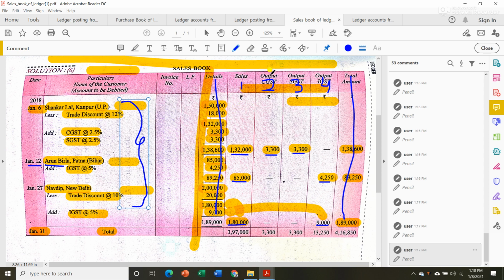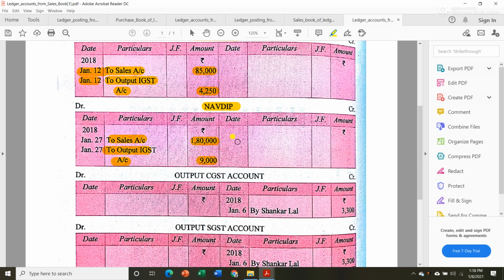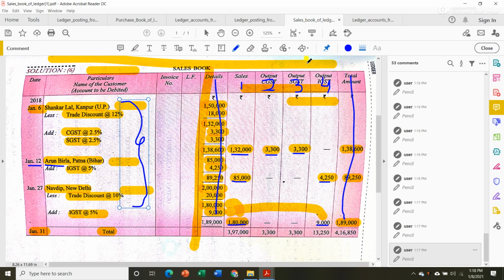Now let us focus on the output CGST column. Now let us see the output CGST account. Then again the rule will be opposite of purchase book. Earlier we used to write this credit side's transaction in the debit side of ledger, but this is sales book, so we are just going to write down credit side's amount transaction in credit side of ledger.